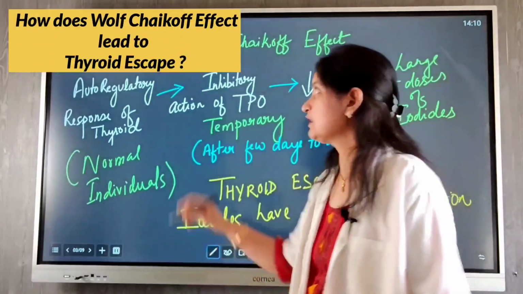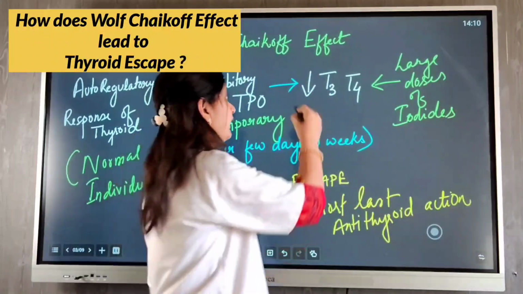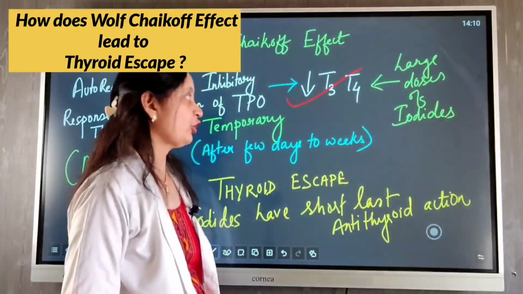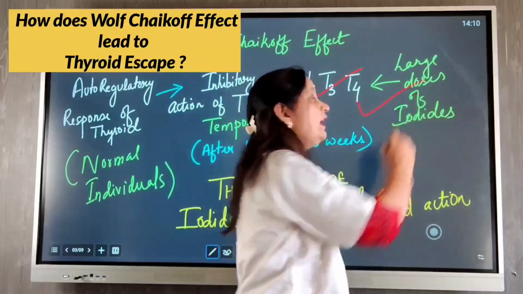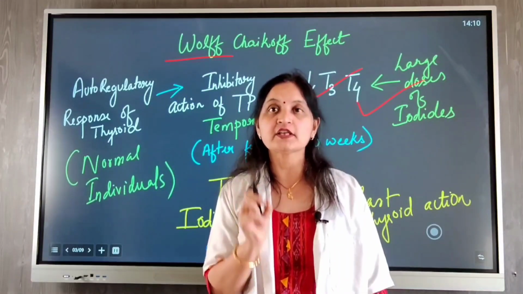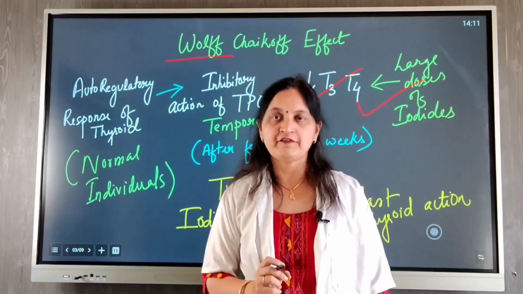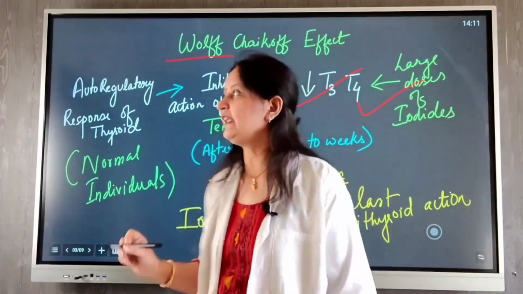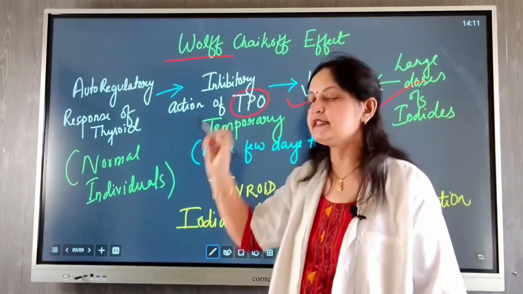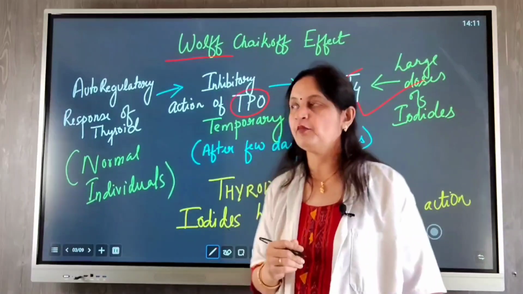Quick revision of what is Wolff Chaikoff's effect. It is characterized by a decrease in T3 and T4 hormones, induced by large doses of iodide. This occurs because of inhibition of the thyroid peroxidase enzyme that is responsible for synthesis of thyroid hormone.